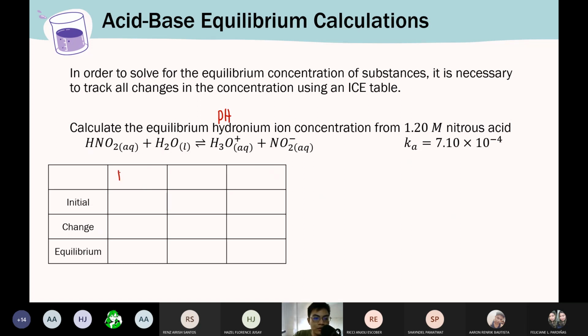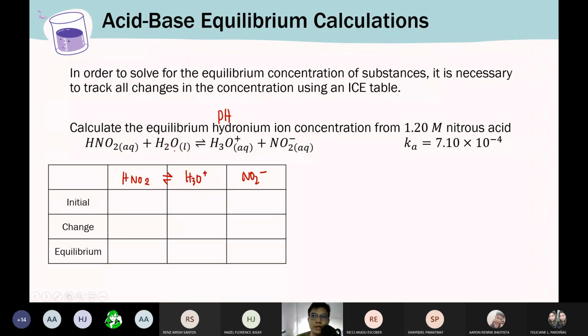So that will be the HNO2, kasi aqueous siya. So important yung HNO2 kasi aqueous siya. And then you have your H3O plus and then your NO2 minus. We just disregard the water because we don't write liquids, right?